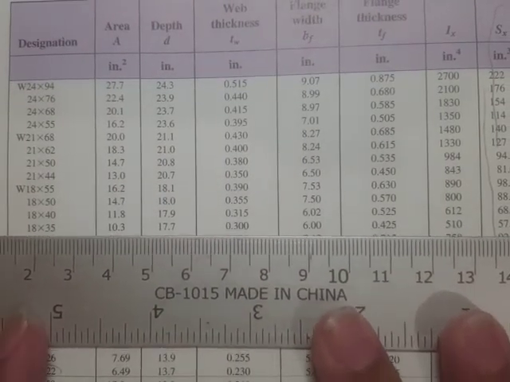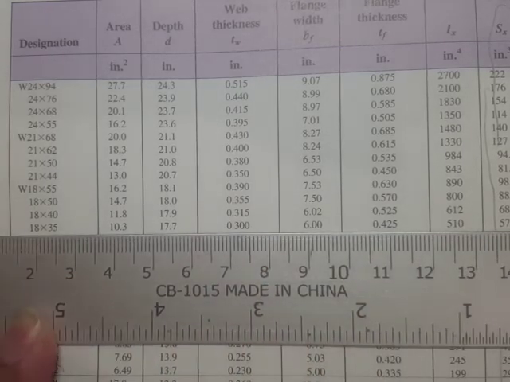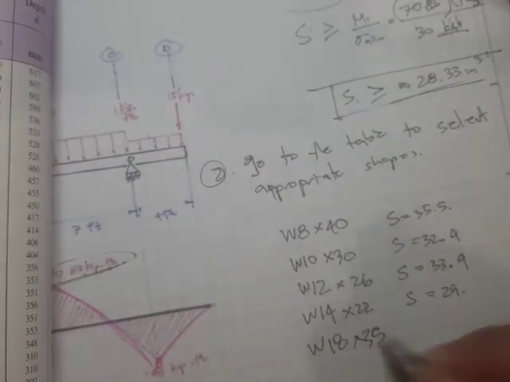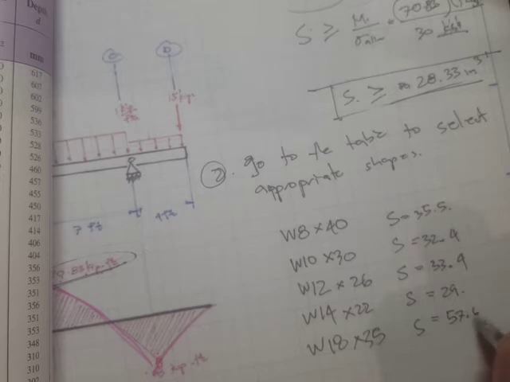So we can select the 18 by 35, and the S is 57.6.